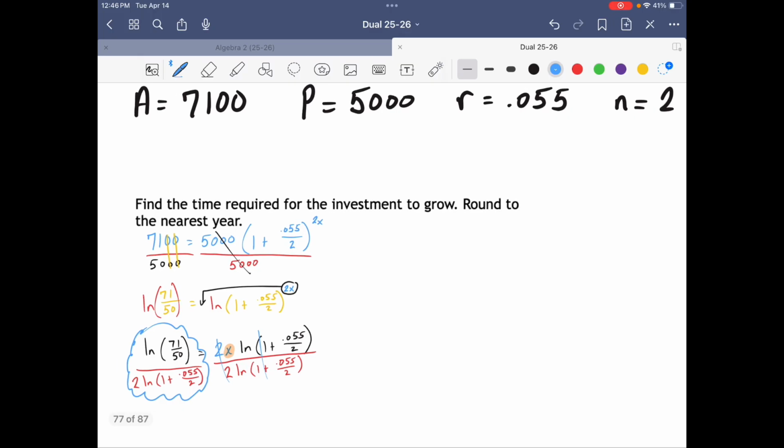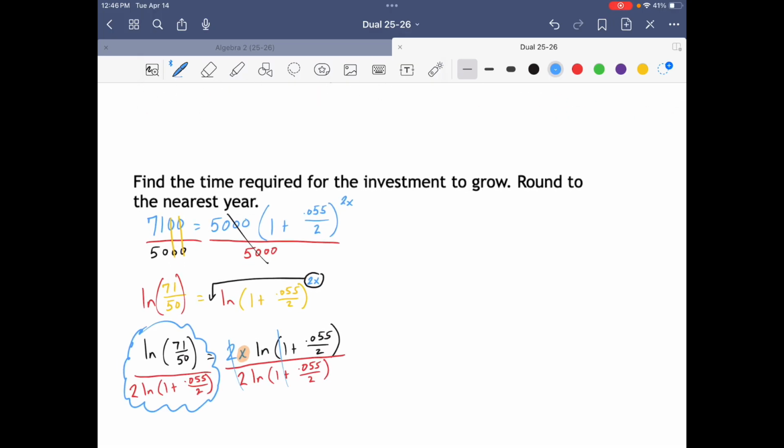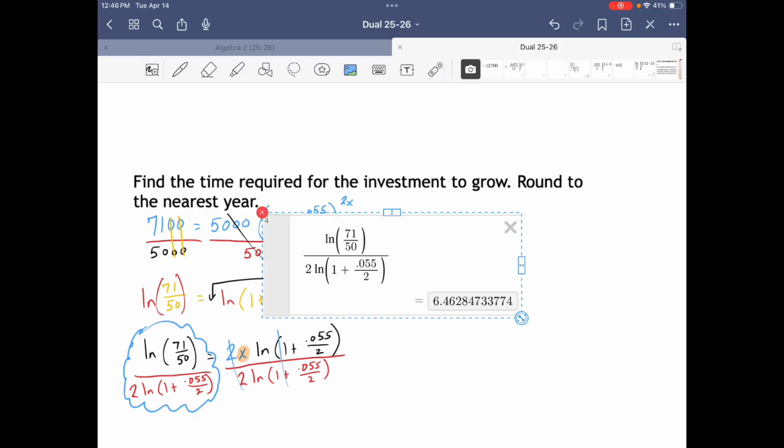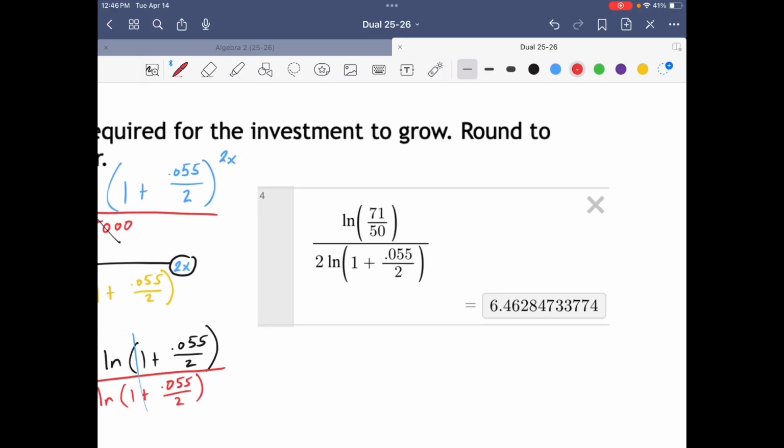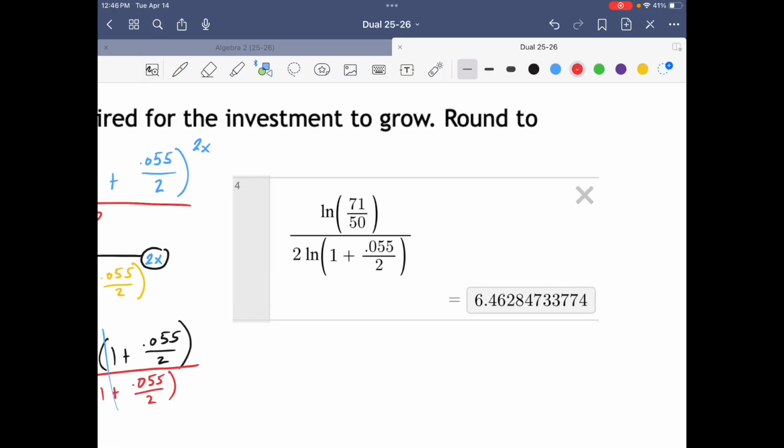So again, I have that on Desmos. I did that on Desmos. I want to say this one. Yes, there it is. And that's what I got. Rounding to the nearest whole number. So we got 6, right?